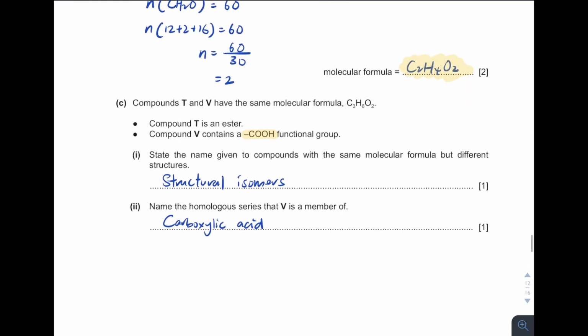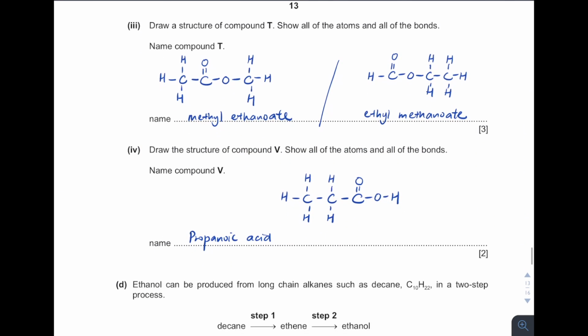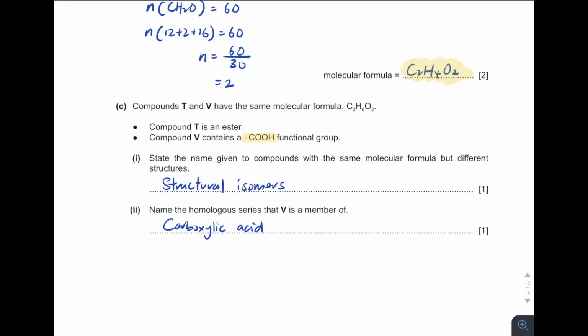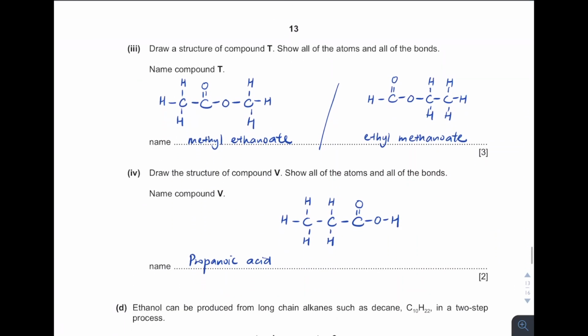Alright, okay, then draw the structure of T. So this is mentioned here. T is an ester with a molecular formula of C3H6O2. You see, total how many carbons? 3 carbons, isn't it? See, we know that an ester is made of an alcohol and a carboxylic acid. So these two are the possible answers.